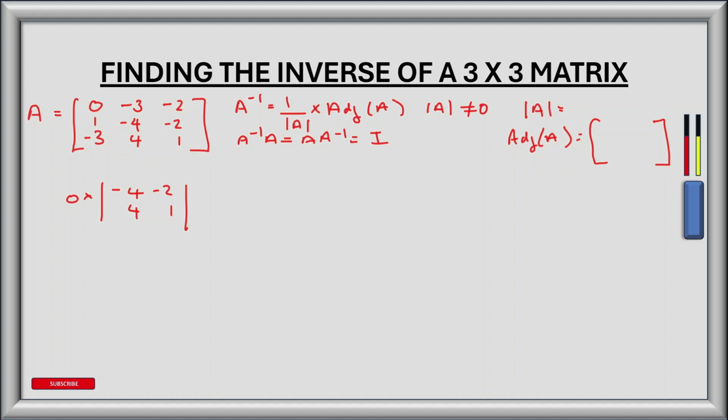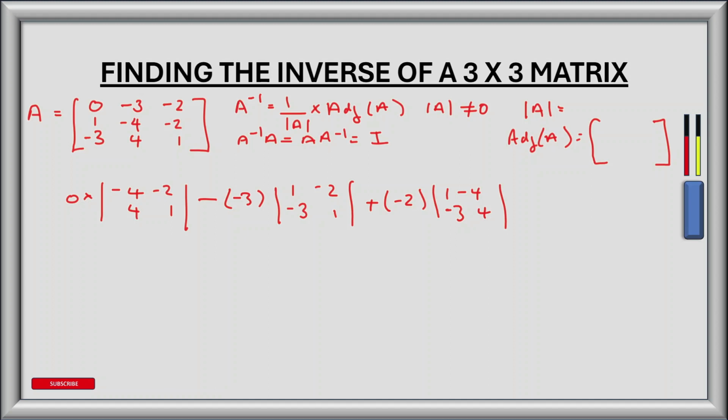So we subtract, minus 3 times minus 3, and then we multiply that by the determinant of the remaining matrix. And finally, we take the element minus 2, eliminate its rows and columns, and we're left with this 2 by 2 matrix. So we multiply minus 2 by the determinant of that 2 by 2. So it's 1, minus 4, minus 3, 4.